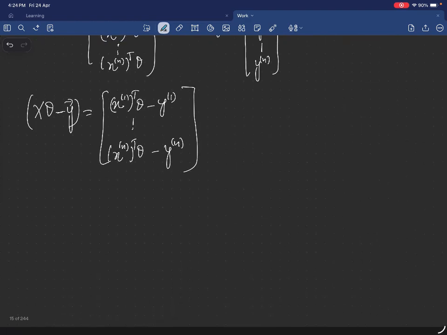Now we have a formula in matrix multiplication and it goes like this. If we have a matrix Z, Z transpose Z is equal to the sum as i goes from 1 to n of Zi squared. It's equal to the sum of the squares of the elements of the matrix.